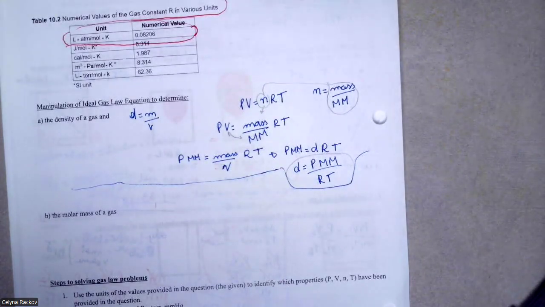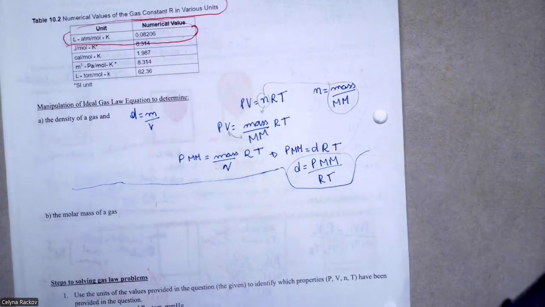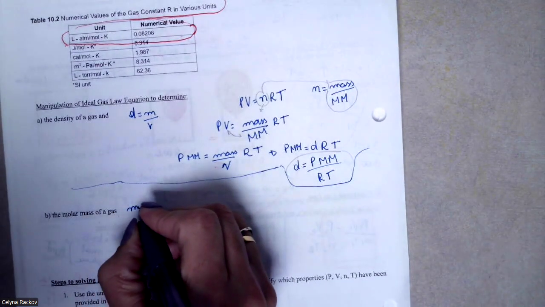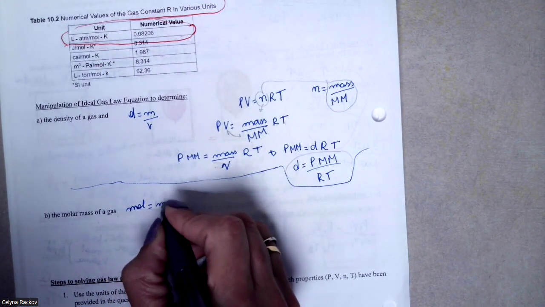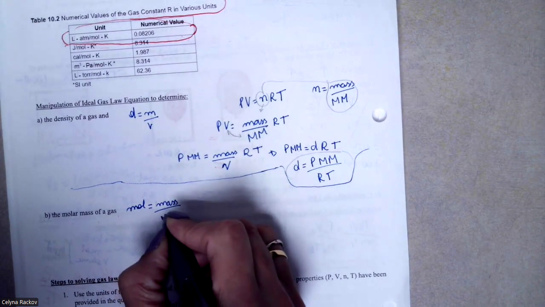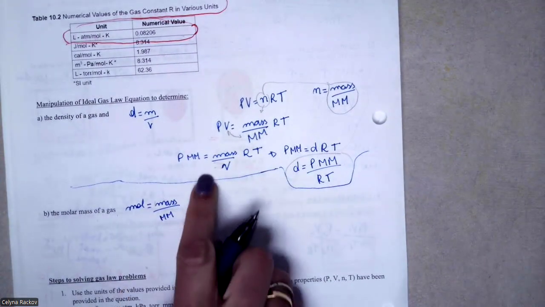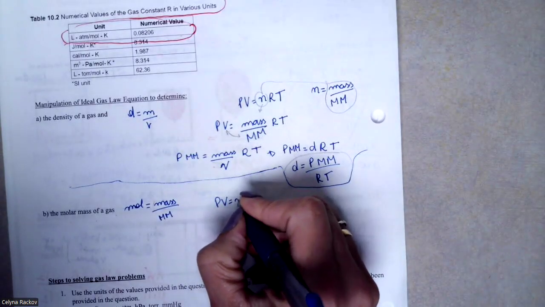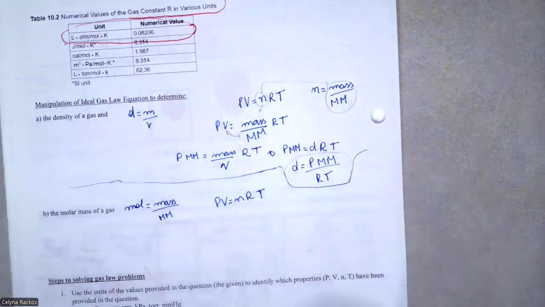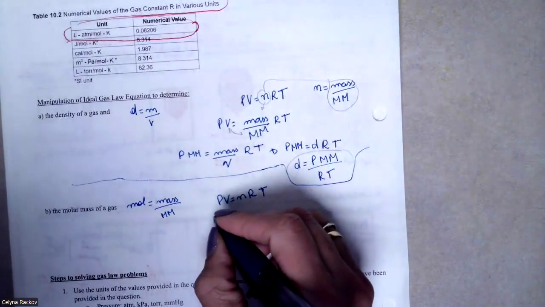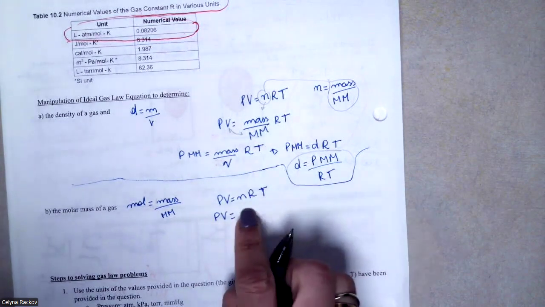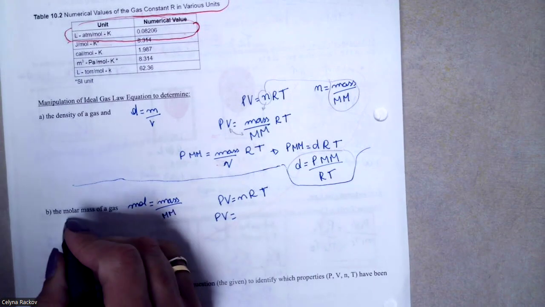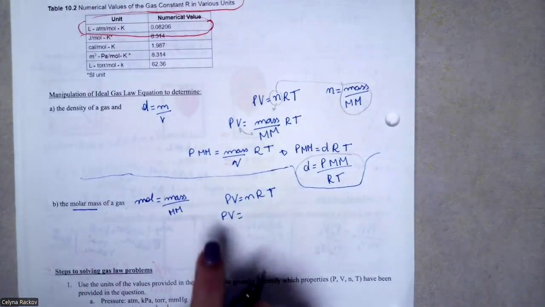Now, how do we calculate the molar mass of a gas? In a similar way, right? You have the mole number: n is mass divided by molar mass, right? And what's the ideal gas law equation? PV equals nRT. So let's replace n by mass over molar mass, because you need to have the molar mass in the formula.